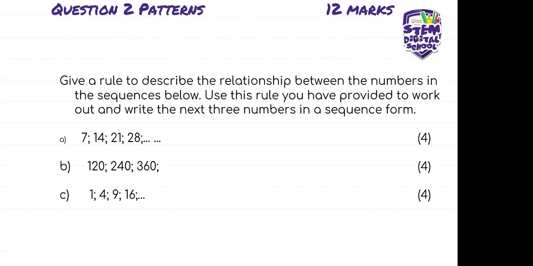So obviously, if you add 120 to 360, you definitely get 480. And the next term will be 600 followed by 720. So Cheryl is correct to demonstrate that the three numbers following the sequence are 480, 600, and 720.